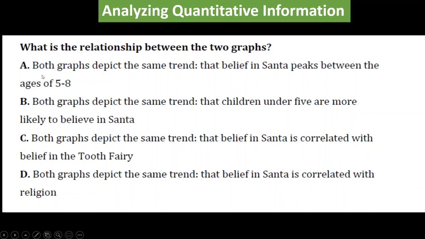For example here it says both graphs depict the same trend. In all choices we have both graphs depict the same trend. So this is true, but they differ in the second half of the question: that belief in Santa peaks between the ages of 5 and 8, or that children under 5 are more likely to believe in Santa, or that belief in Santa is correlated with belief in the tooth fairy, or that belief in Santa is correlated with religion.